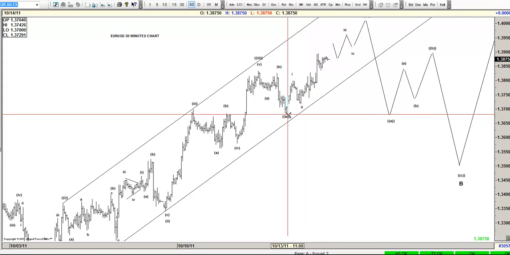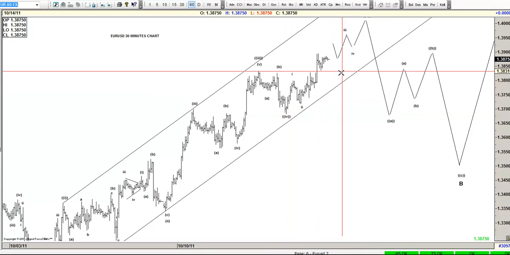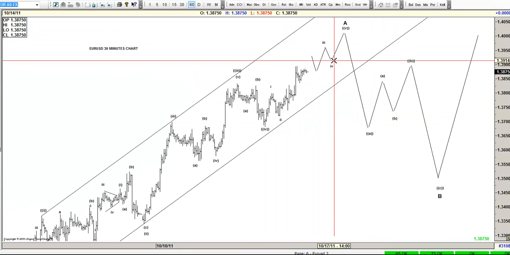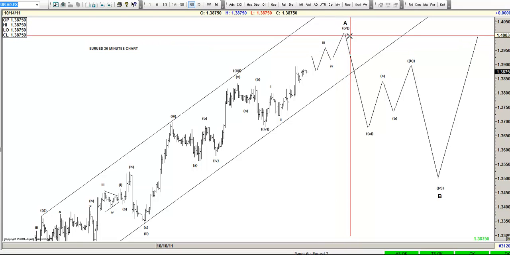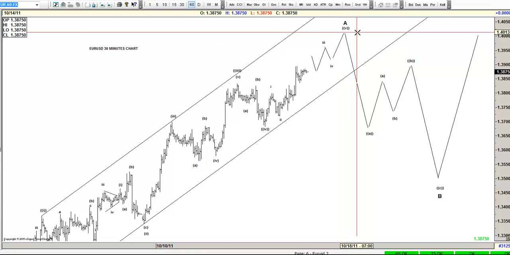The euro should then trade along this path to around 140.20, which is the area that I like. 140.20, 140.50. So we've got a trade to start selling the euro.